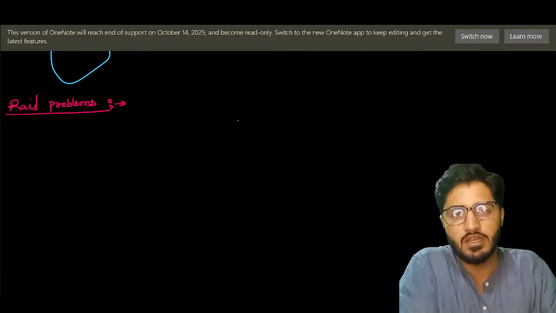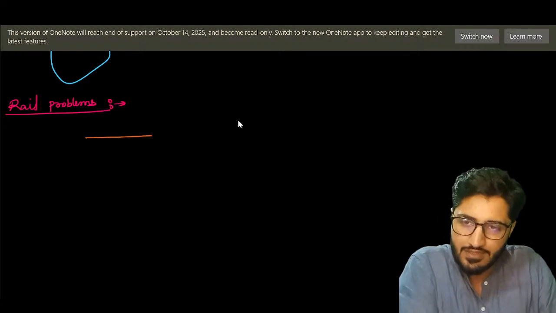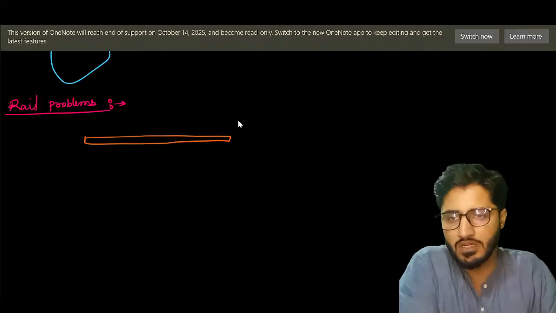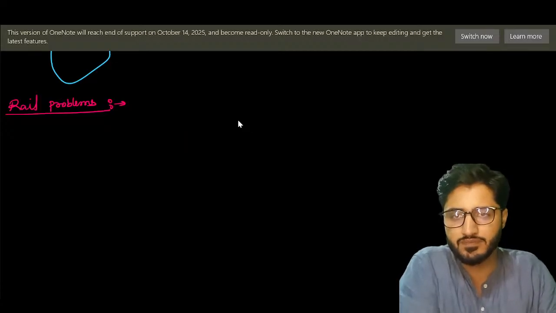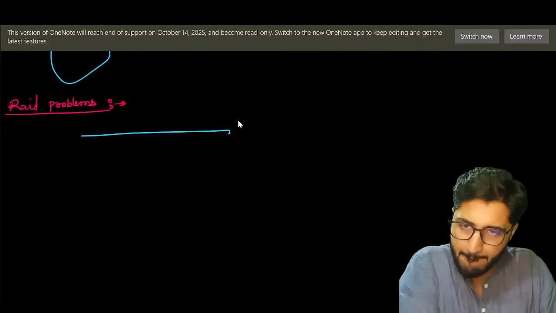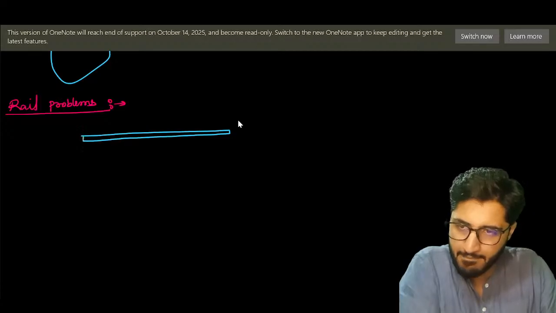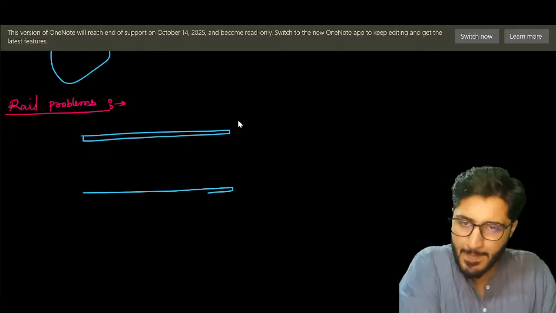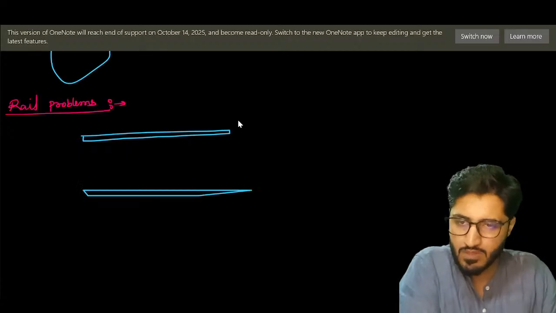So basically we have rails, small tracks like this.